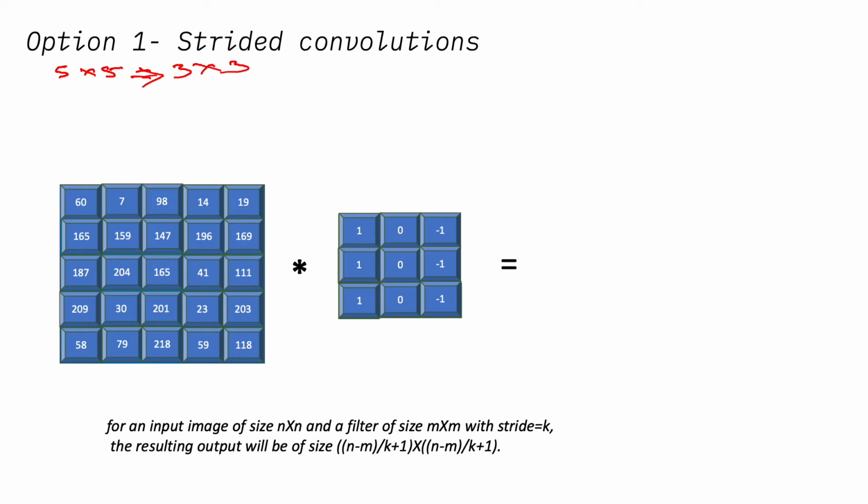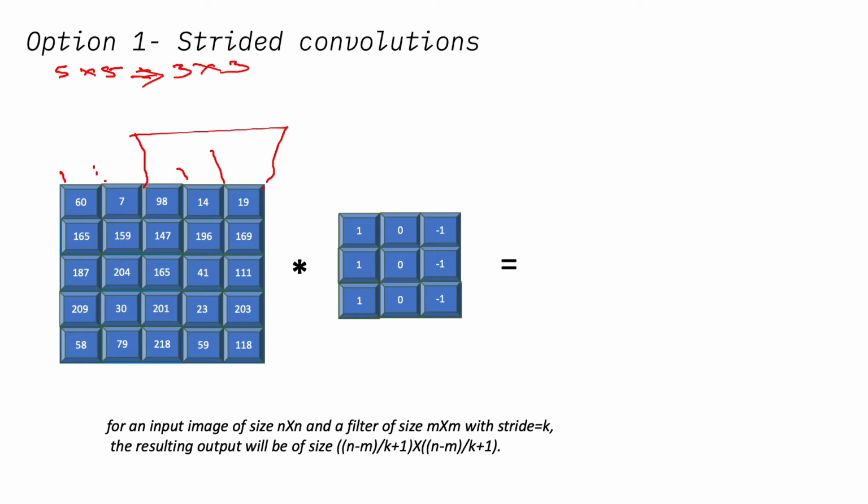So previously we saw how a 3 cross 3 filter was applied to this input image. You saw how the filter was slid over by one column each time. In the second pass we shifted it by another column, and in the third pass we started from this column and it went on till the end.